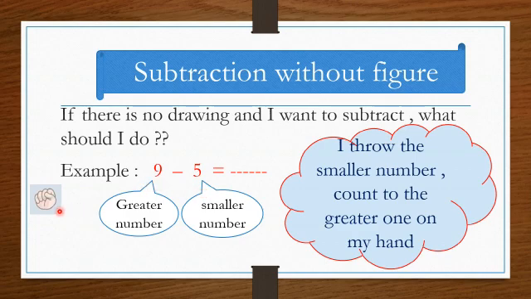So I throw 5 and continue counting. 5, 6, 7, 8, 9. How many fingers I have? I have 1, 2, 3, 4. So the answer is equal to 4.